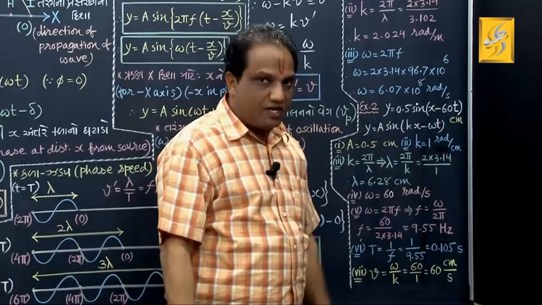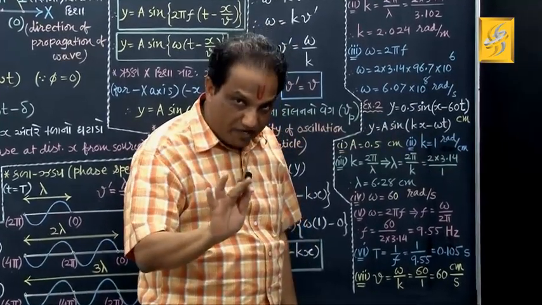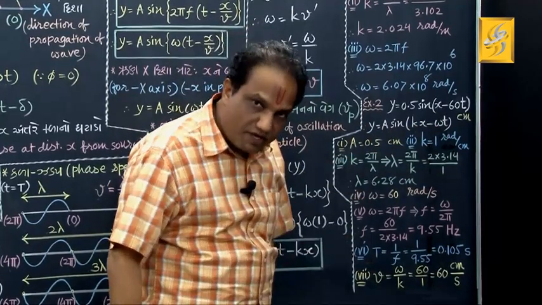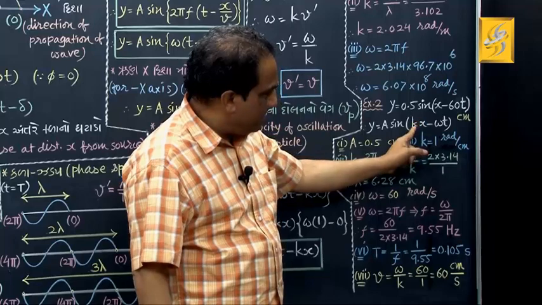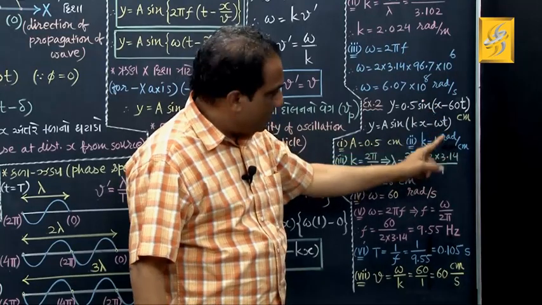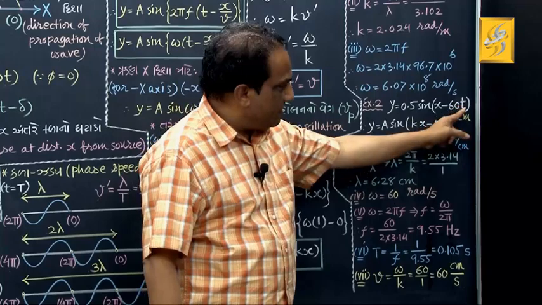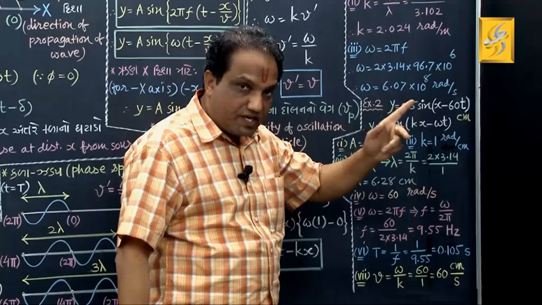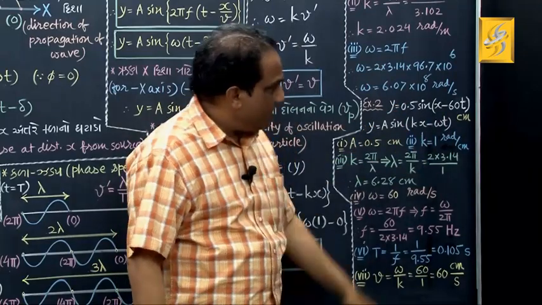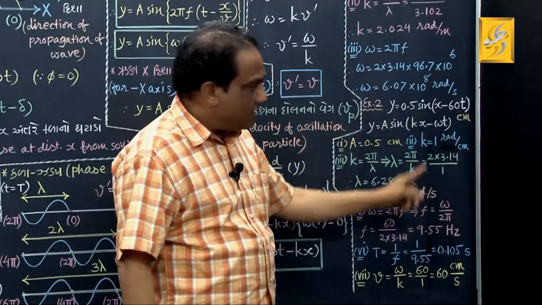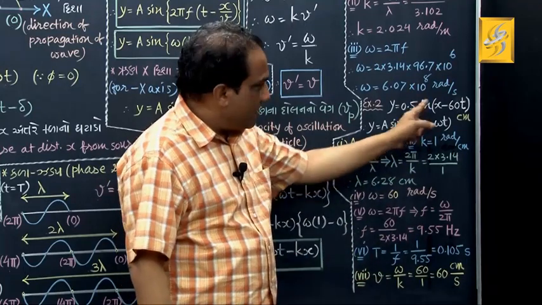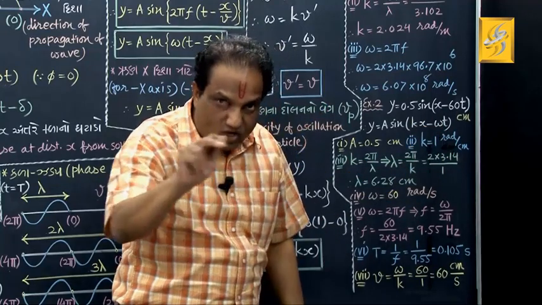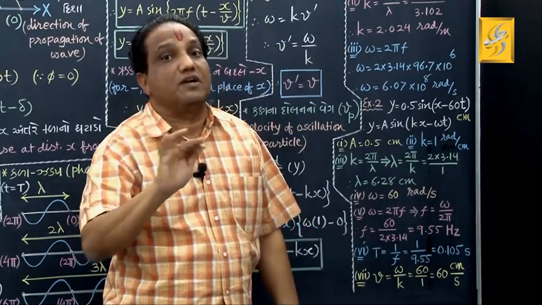As per the given format, you should write the standard format this way: y equals A sin(kx minus omega t). The coefficient of x is k, and here the coefficient of x is 1. The coefficient of t is omega, and here it is 60. If they write omega t minus kx, then we should also write omega t minus kx. If they write cos, we write cos; if they write sin, we write sin. Here they write kx minus omega t, so we should write kx minus omega t. As per the format of the given equation, we set the standard format.